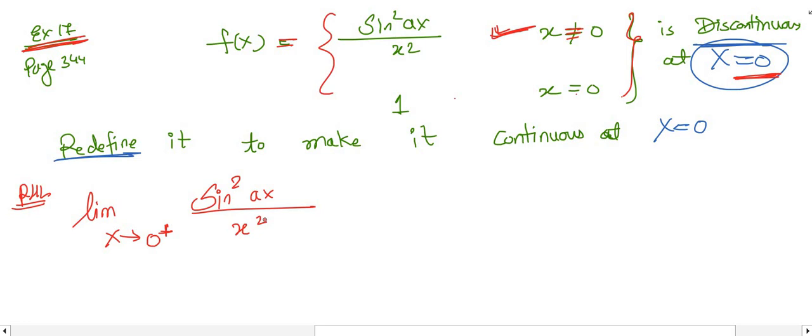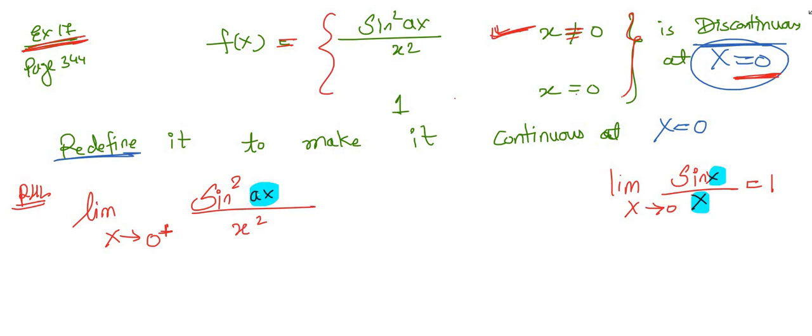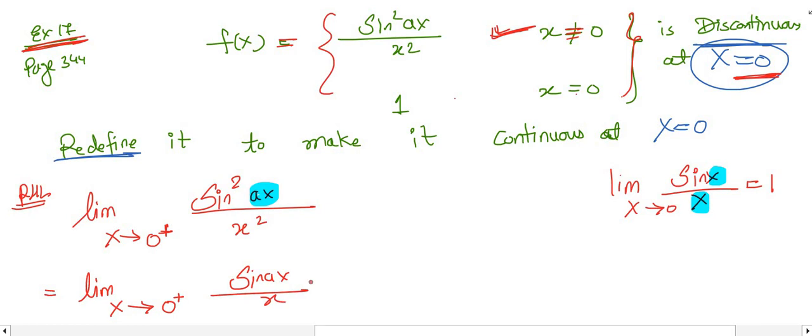To find the limit, I am thinking if I can use sin x by x is 1. But the condition for this is that this x and this x should match. Here this is ax and this is only x. Let me rewrite it: limit x tends to 0 plus of (sin ax by x) whole square.